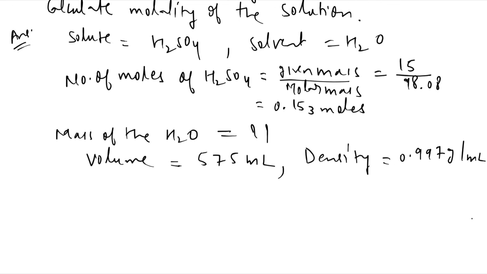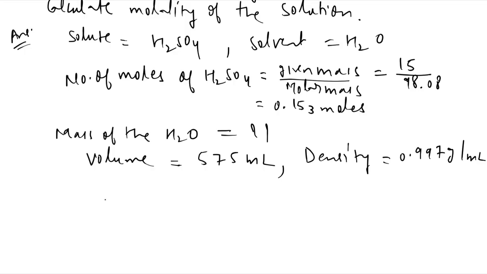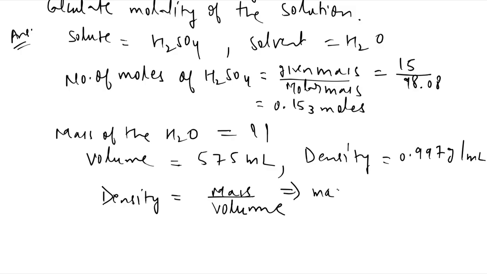So we know the formula for the density. From that we can find the mass of the water. So the density has a formula of mass upon volume, which means mass will be density multiplied by volume.